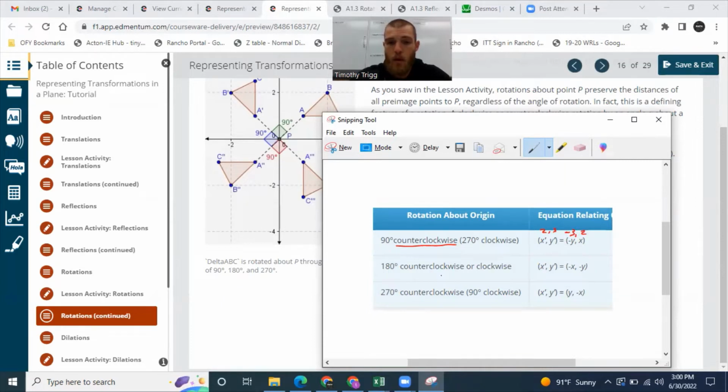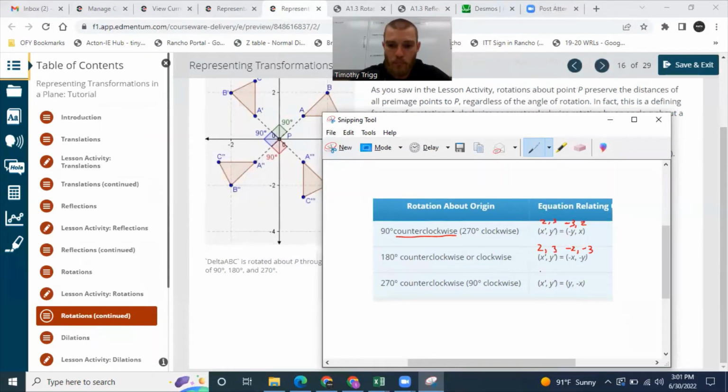What if you rotate 180 degrees? If it was (2, 3), both their signs change, so it'd be (-2, -3). So this is an example. Then 270 degrees counterclockwise: if it was (2, 3), it would switch positions, so 3, and then the X coordinate changes signs, so (3, -2).